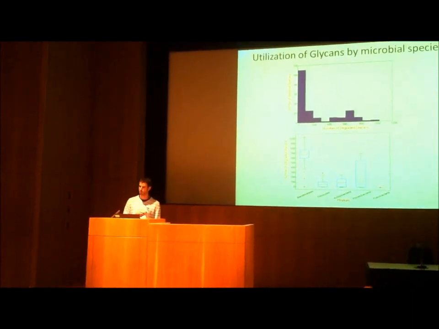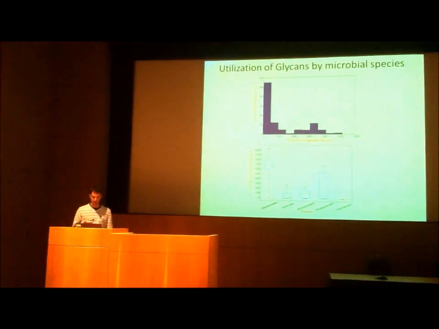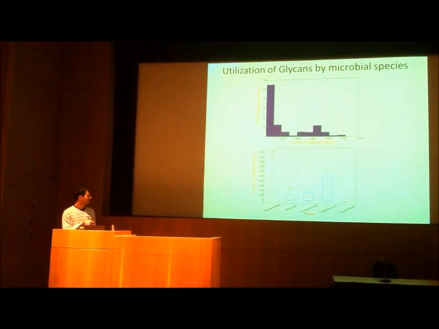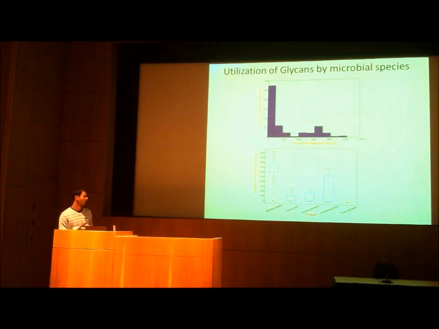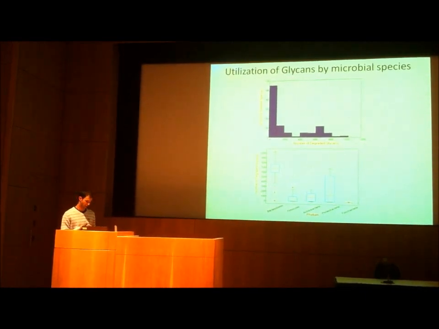And when we bin these species into their respective phyla, we see a very interesting thing, maybe not totally unexpected, that Bacteroides species can degrade orders of magnitude more glycans on average than species belonging to different phyla.